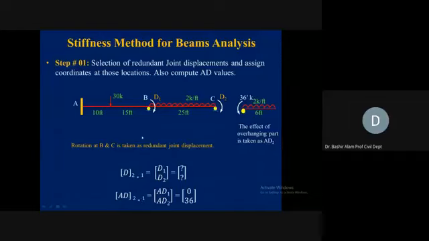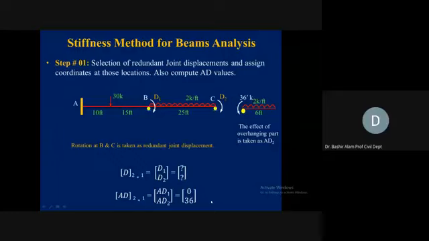And AD1, corresponding to D1, we don't have any externally applied action, so that is equal to 0. At C we have a clockwise moment, which is 36 kip feet, so we include that as 36 kip feet. So step number 1, we have designated our D's, and we have created this AD matrix: 0 and 36.